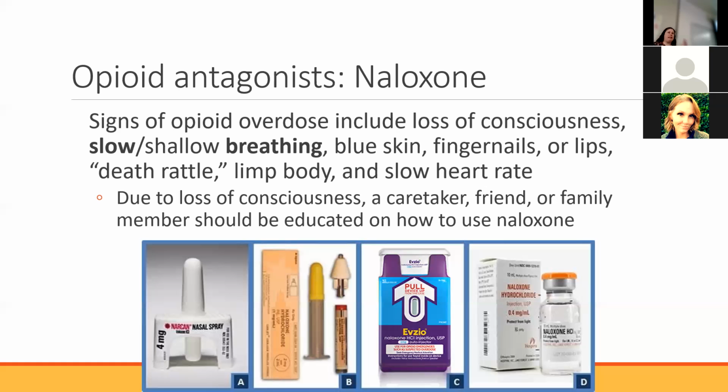But there's a lot of different ways. In a healthcare setting, most likely it would be the actual IV or IM form that's available, but it may also be a nasal spray.